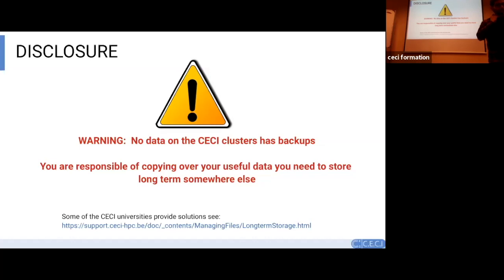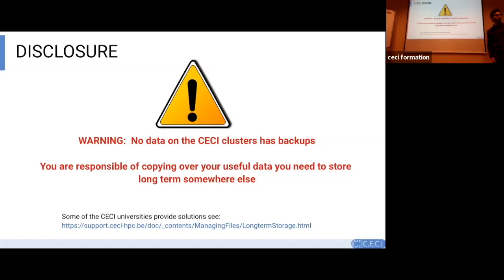Feel free to use these areas. You have the quotas. Keep the data there as much as you need. But for critical, important data that you produce, copy it over somewhere else. It's still rare that we will have an issue causing data loss, but it did happen already. So it's not usual at all, but unfortunately it did happen.